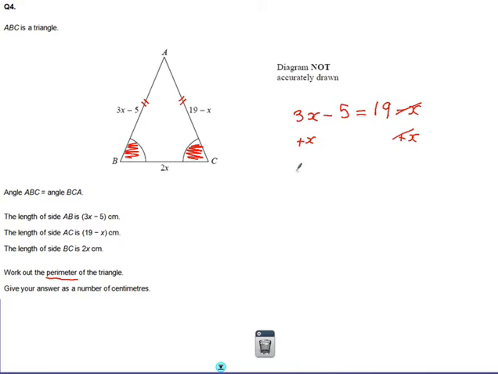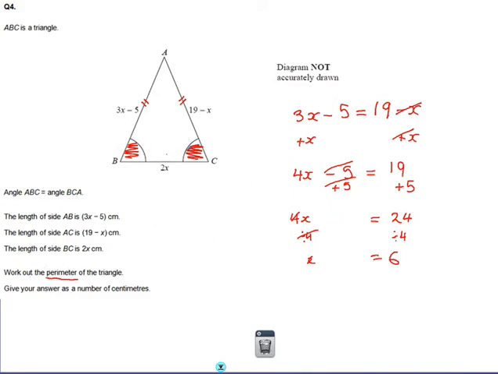So 3x plus x is 4x minus 5, and that's equal to 19. Plus 5 on both sides. This will cancel out, and you're left with 4x is equal to 24, and you know what x is. x is just 6. Now we need to find the perimeter of the triangle.